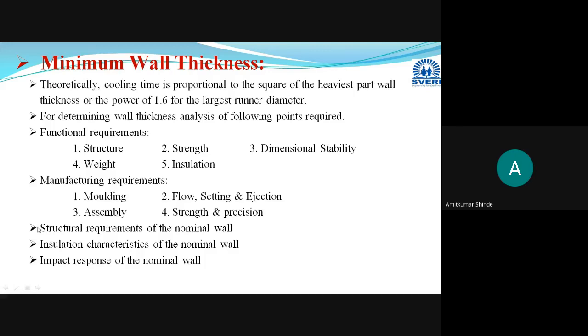And suppose you have decided to give the minimum wall thickness and still that manufactured part is not providing the required strength, then you can add extra support or extra strength with the help of ribs or bosses. That extra arrangement, we will discuss in the part on the design of bosses and ribs.